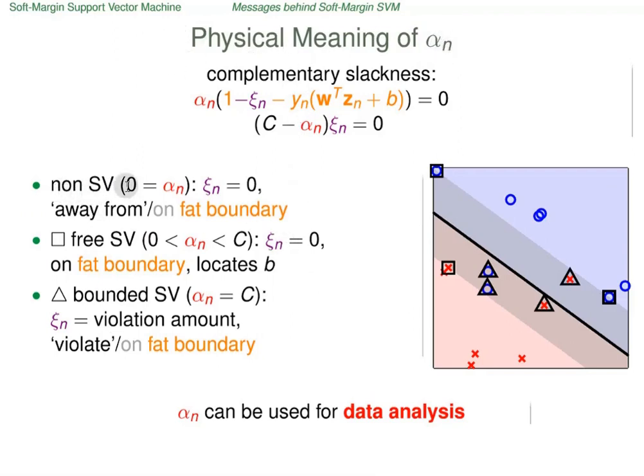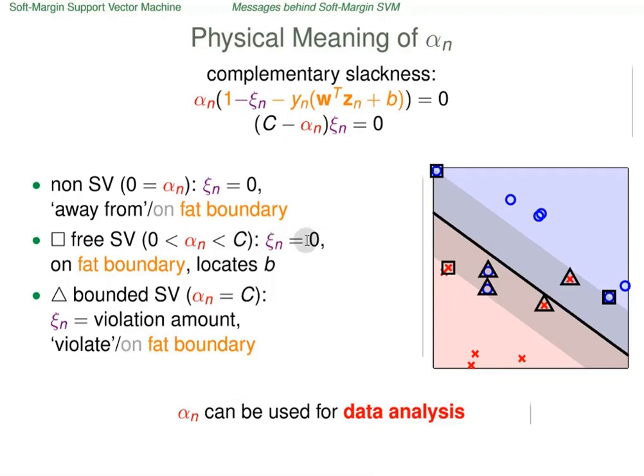First, non-support vectors will have alpha 0. Those are points far away from the boundary, and Xi will be 0. We will have support vectors within the range 0 to C, with Xi equal to 0.